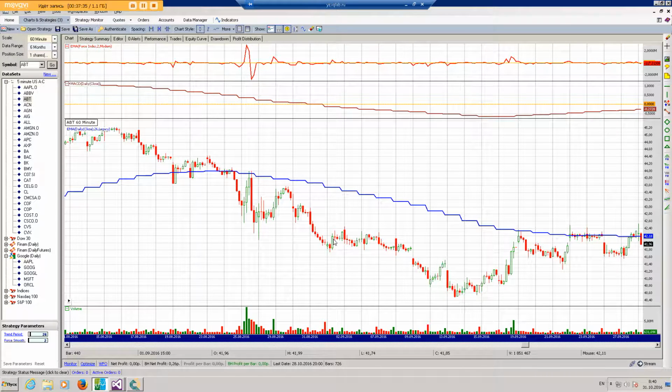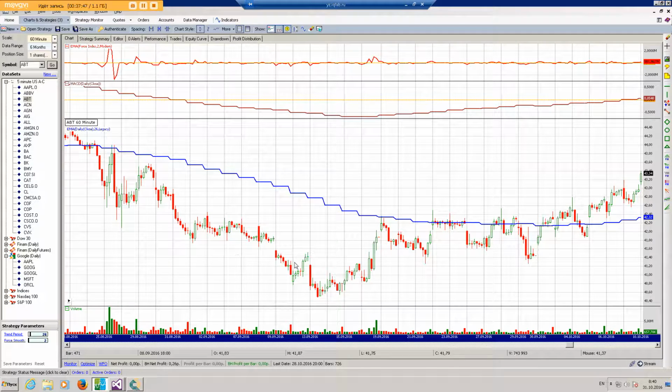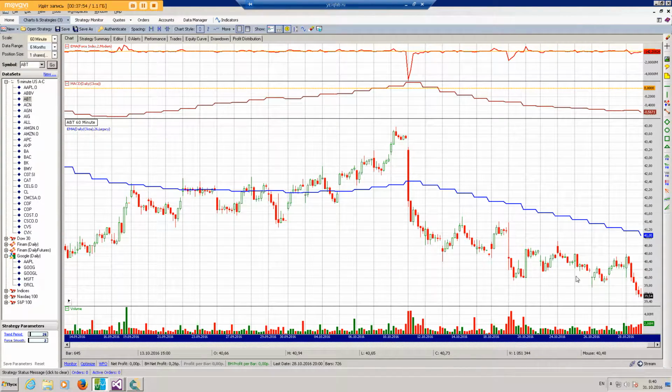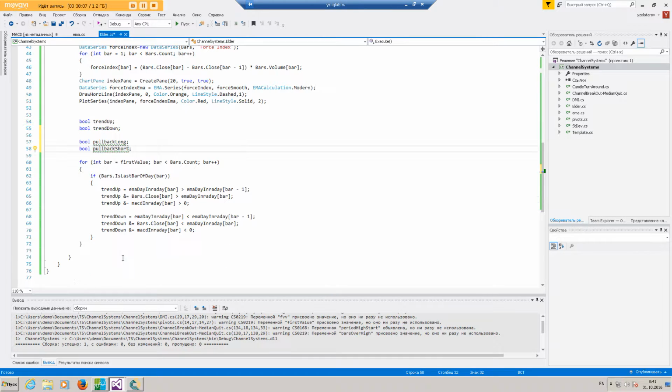So we're going to enter on pullbacks, have our profit set at some point, and our stop loss is going to be the EMA daily line. So if it crosses the EMA daily, then goodbye. Or something like that. I guess that's what he meant, right? And I'm not going to go into the third screen because it's 40 minutes and it's going to take 20 minutes more to finish. Okay, so let's see where pullbacks are.